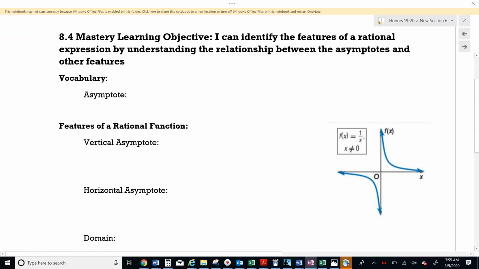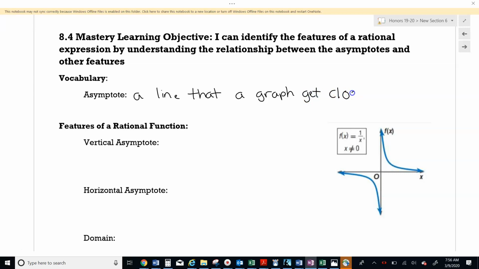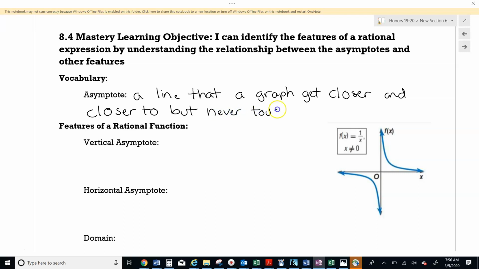And an asymptote is a line that a graph gets close, we'll say closer and closer to, but never touches or crosses.